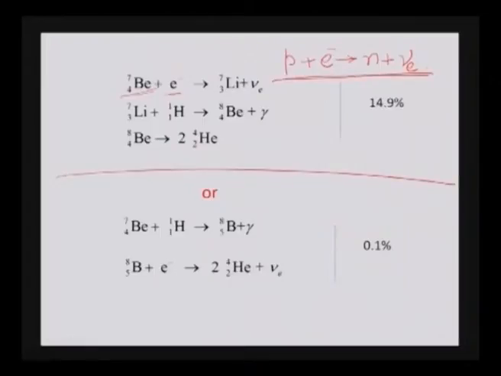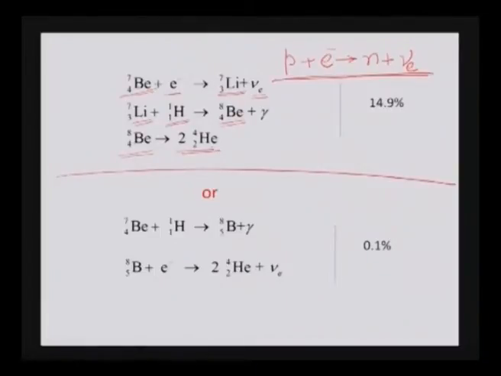A proton and this electron combine to make a neutron. So, 7Be becomes 7Li and a neutrino is created, and this 7Li then combines with a proton and that gives 8Be, which is also a very unstable nucleus, which will quickly break into 2 alpha particles.